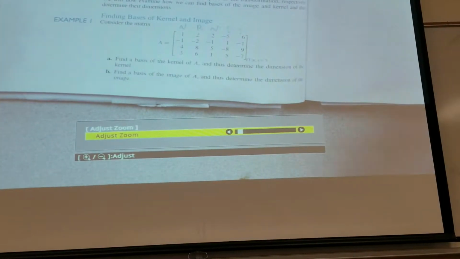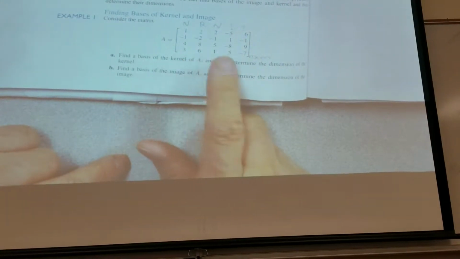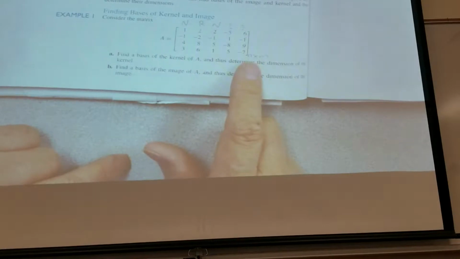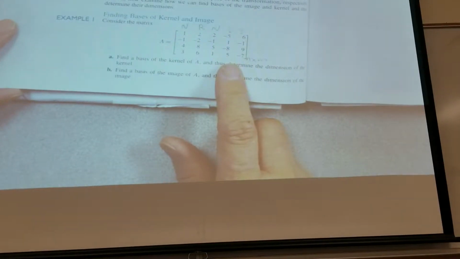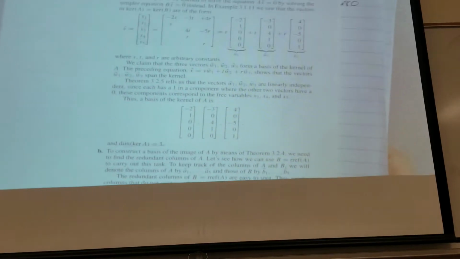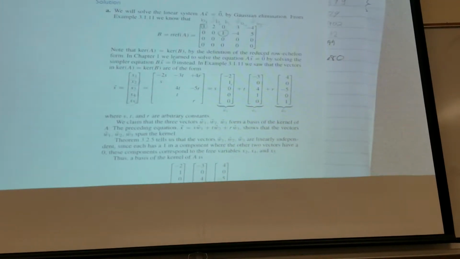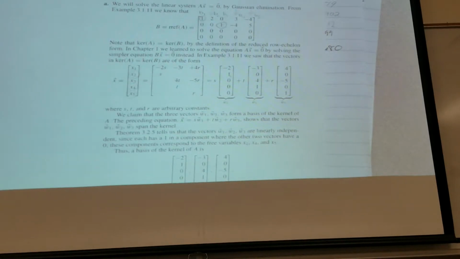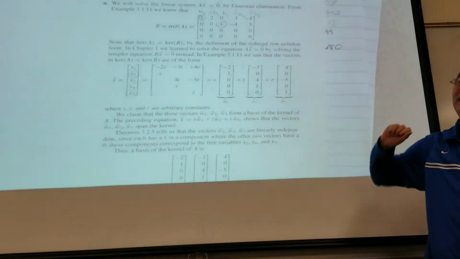So how do we do that? We solve the linear system AX equals 0. We form the augmented matrix. Here they directly find the RREF of A. Why do they do that?